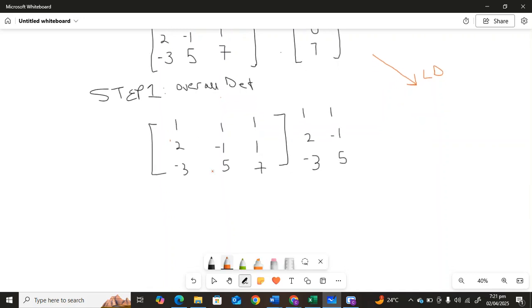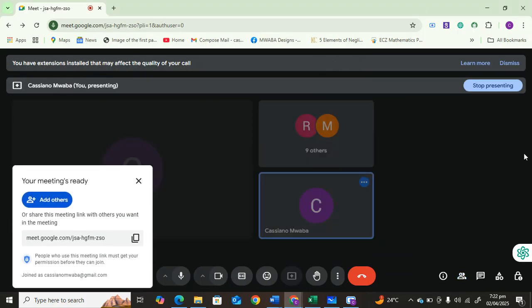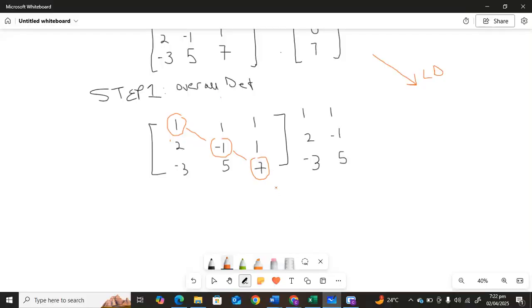You start with the topmost number on your left: 1 times -1 times 7.